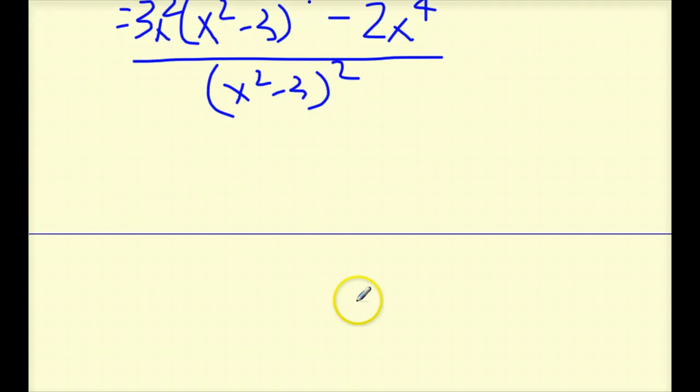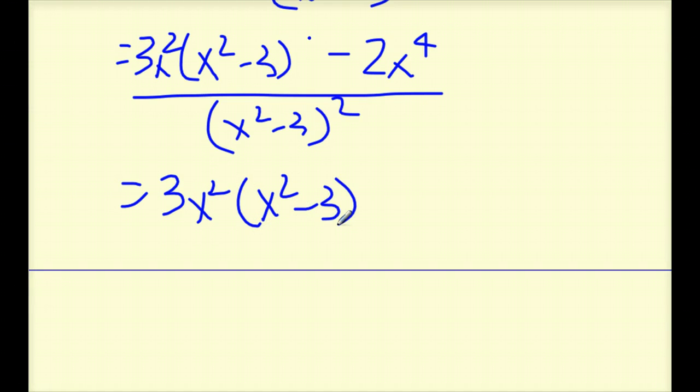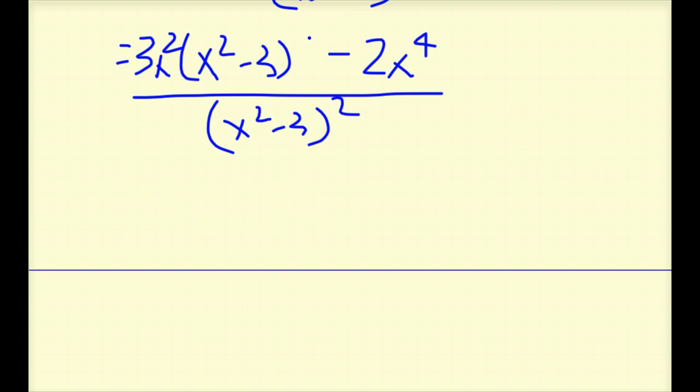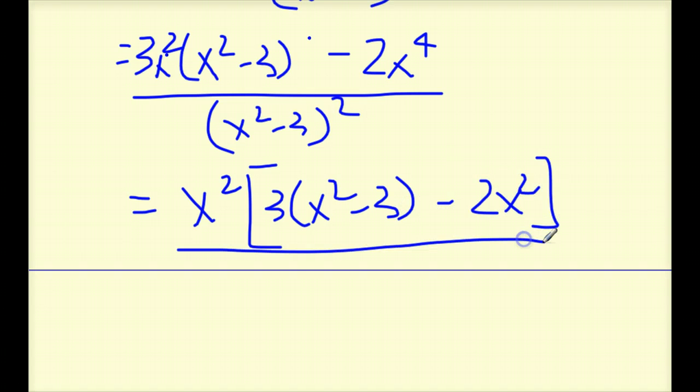And if you take a look, we get 3x squared times x squared minus 3. If you notice, I can factor out an x squared from each of these. And what I get is x squared times 3 times x squared minus 3 minus 2x squared, all over x squared minus 3 squared.